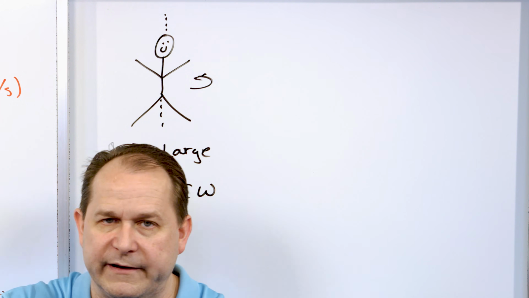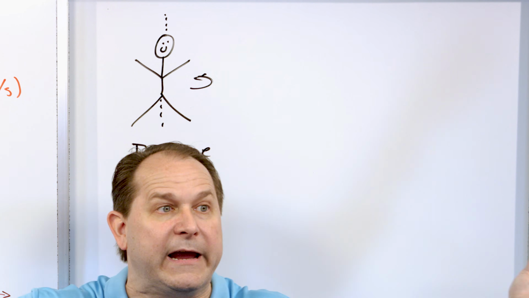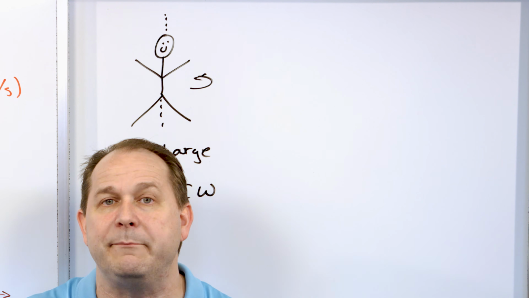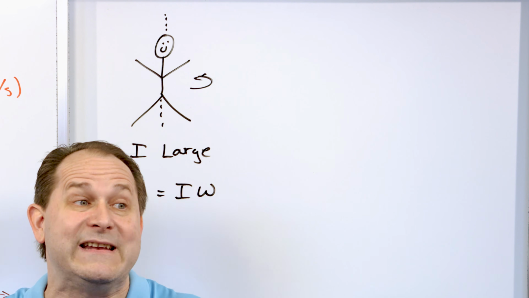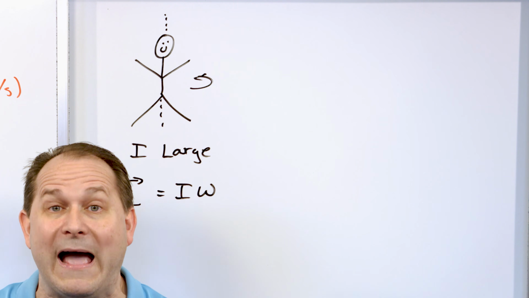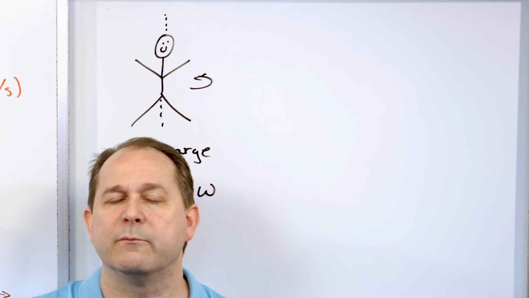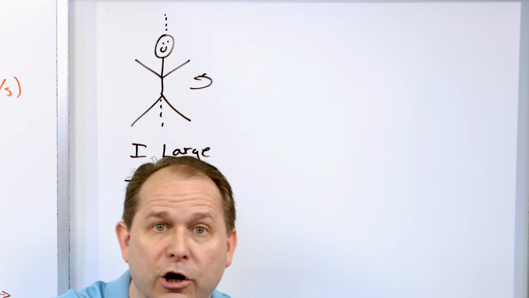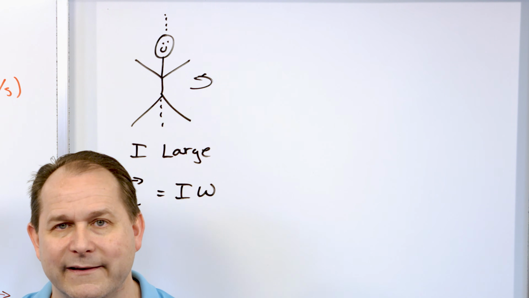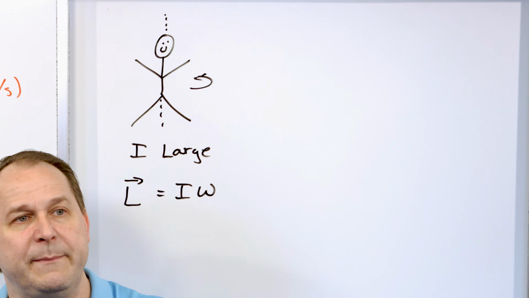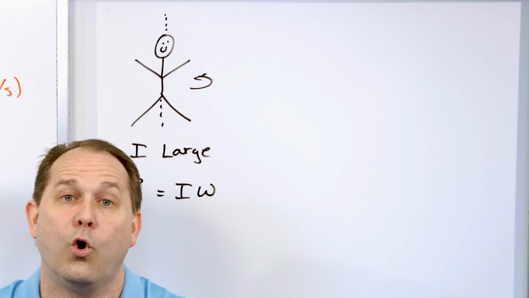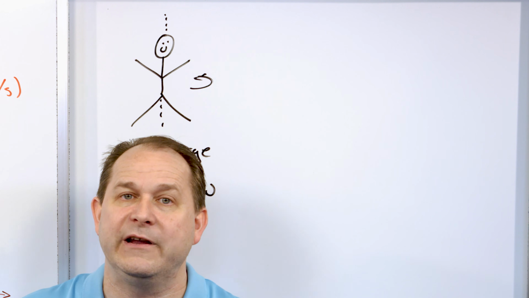Now the way it works is, once a body has angular momentum, it's spinning, there's a law of conservation of angular momentum, and that just means that unless there's an outside force pushing on it somehow, then that angular momentum will always stay the same. Now the outside force could be if I go push on her, I could give her some more angular momentum or less. And when I say push on her, I mean push her in a rotating way. Really, it's called a torque, right? Or the ice skates are touching the ice.